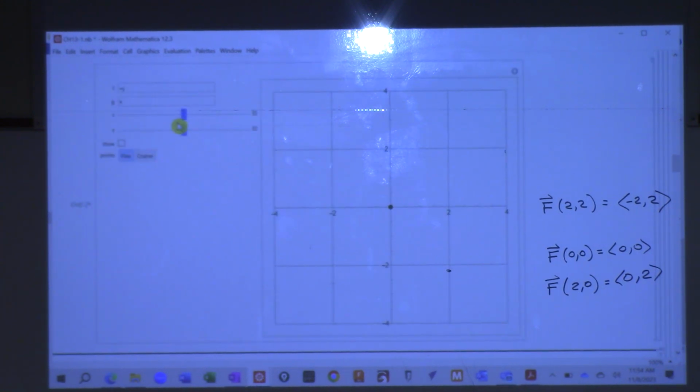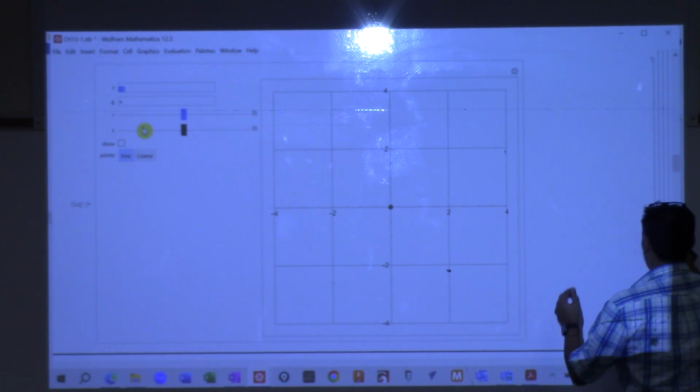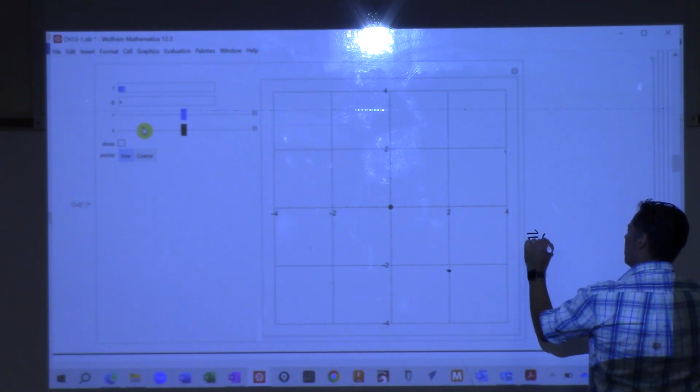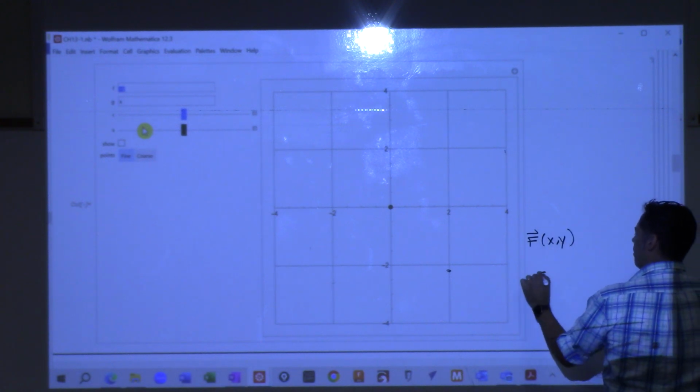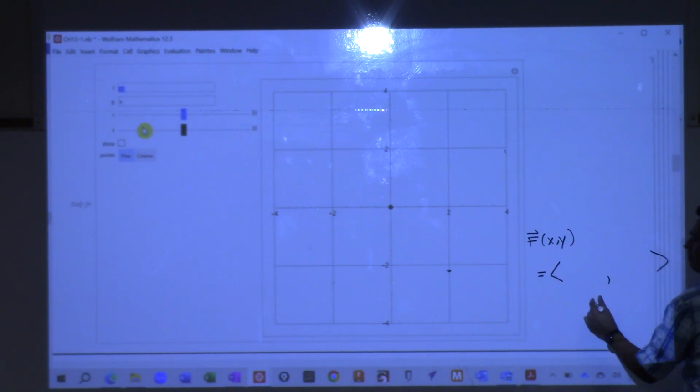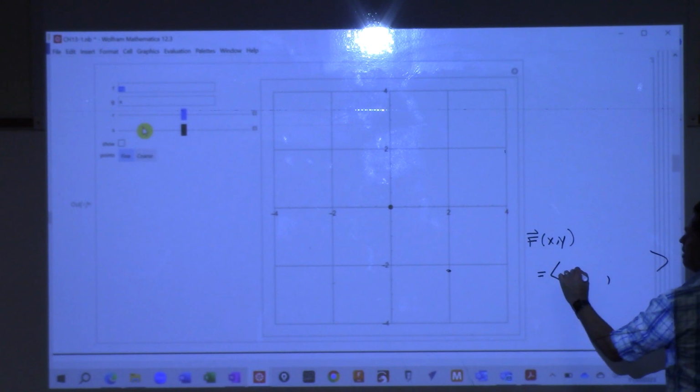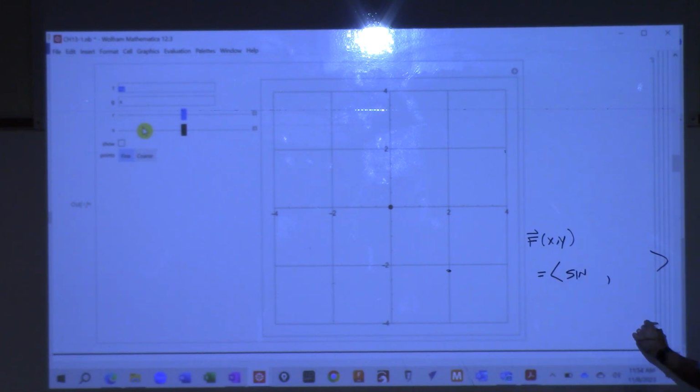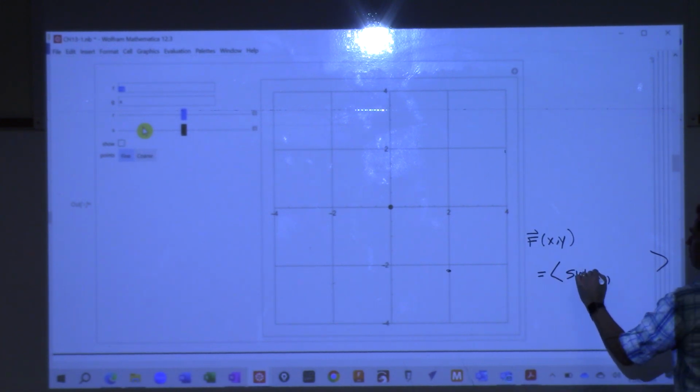All right, now I have the ability to type in whatever you want me to put in. So you want to make up a vector function? We can make one up. So we have two components we're going to put in, f of x, y. So who wants to give me the x component? Whatever you want. Sine of x. Cosine of y.